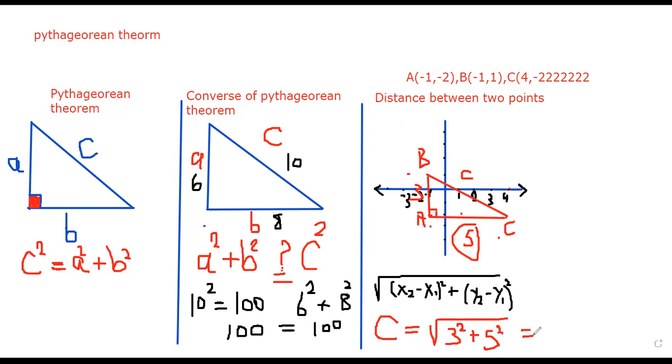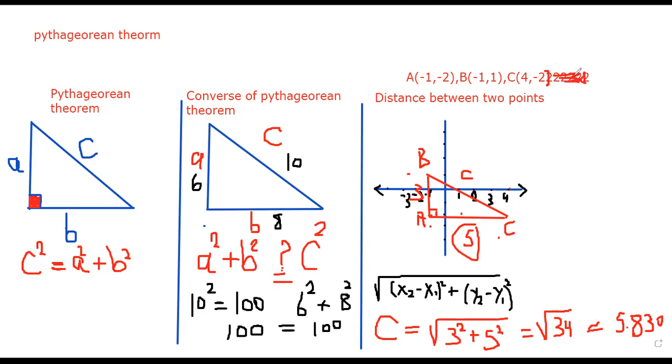So the answer will be the square root of 34, and we can find it approximately equal to 5.830. Okay, so this is the first method, using the Pythagorean theorem to find the answer.